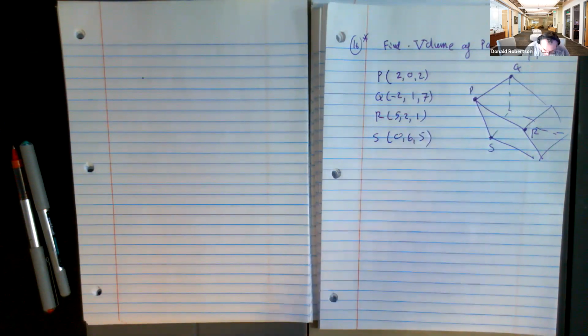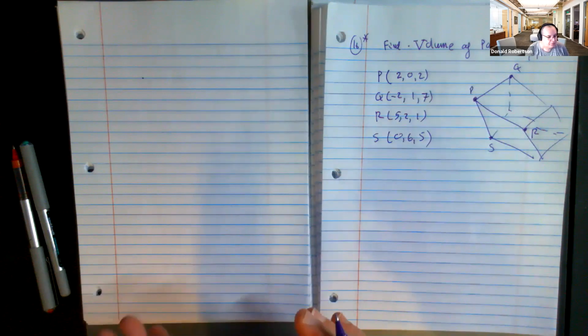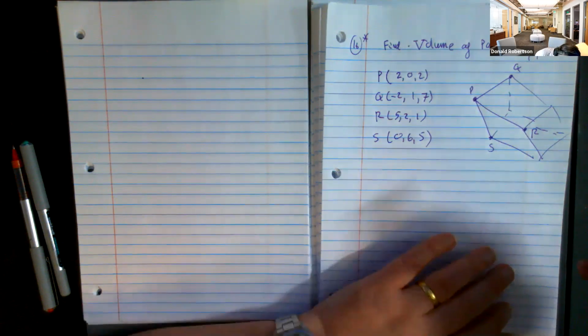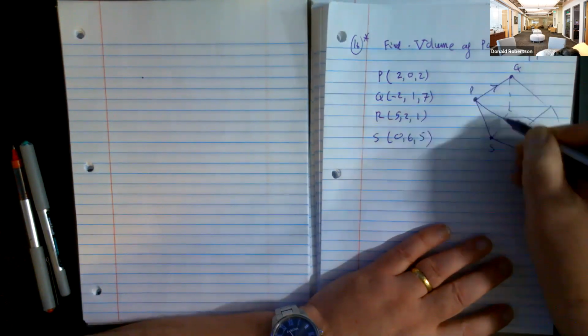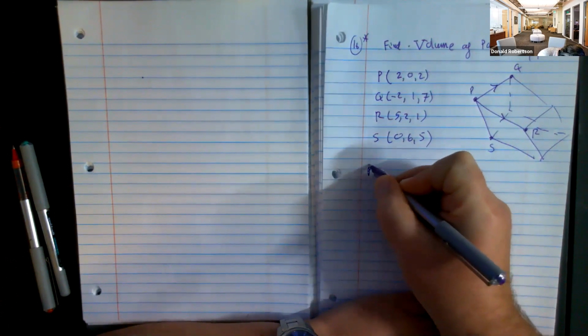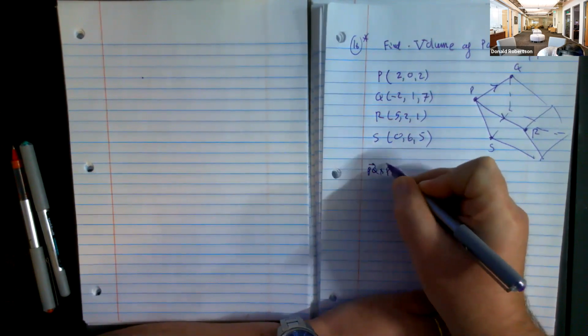So I'm not going to do the entire details to this, but to get the volume of a parallelepiped it's a triple product, right? It's a cross product dot a vector, right? So what we've got to figure out is who goes who. So I'm going to find PQ cross PR.